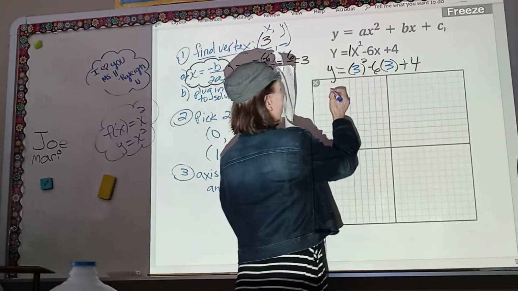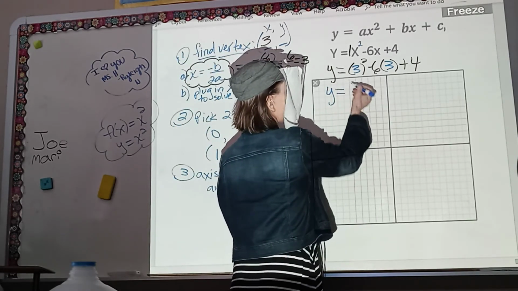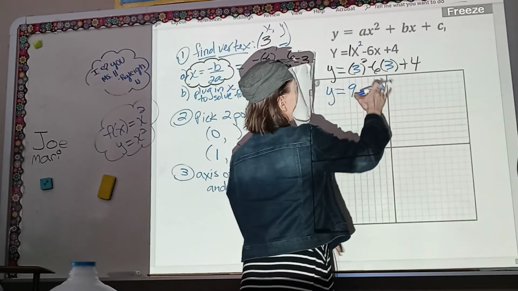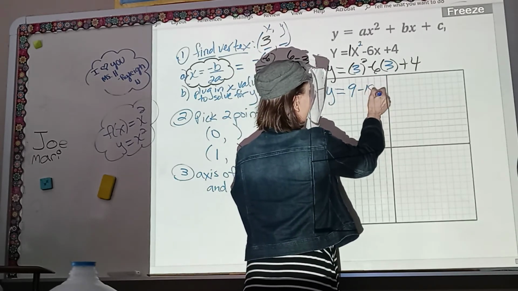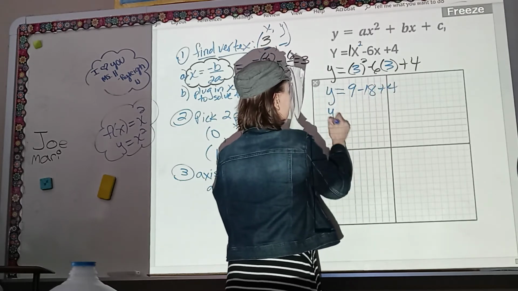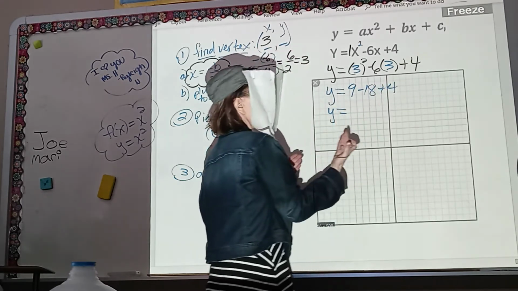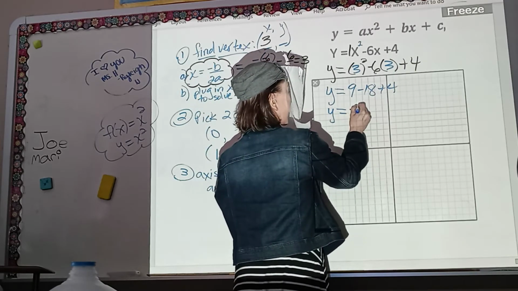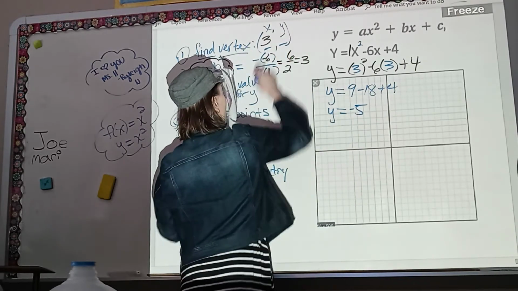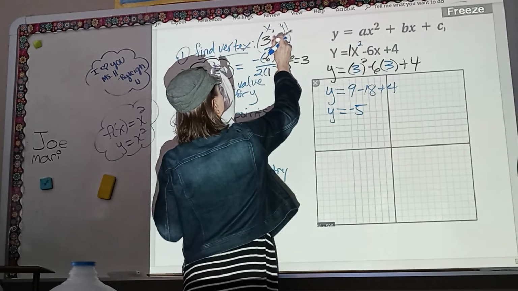Okay? So y is equal to, so 3 squared is 9. Negative 6 times 3 is a negative 18 plus 4. So y equals 9 minus 18 is negative 9. Negative 9 plus 4 is a negative 5. Then we put our y value up here.